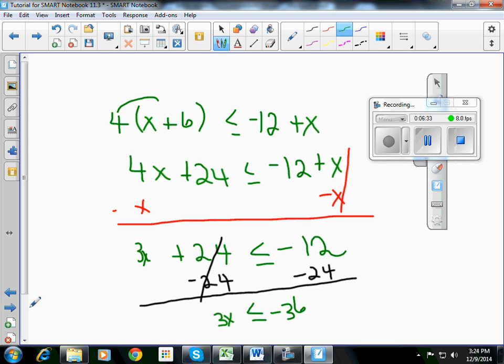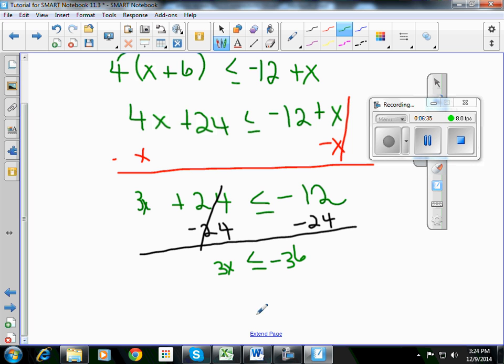Now here, do we reverse the direction of the sign? No, because the negative is not with the 3, which is on the variable. So we're going to divide both sides by 3. x is less than or equal to negative 12. Hopefully this prepares you for your test.